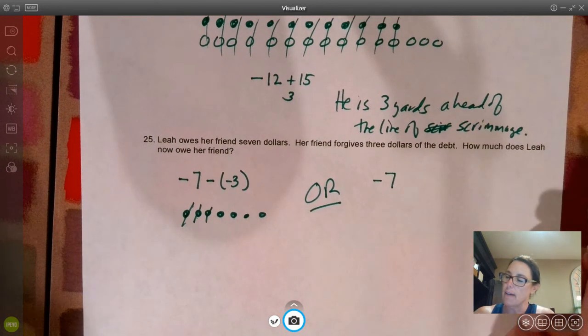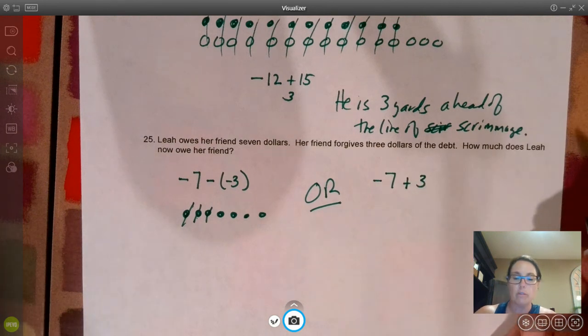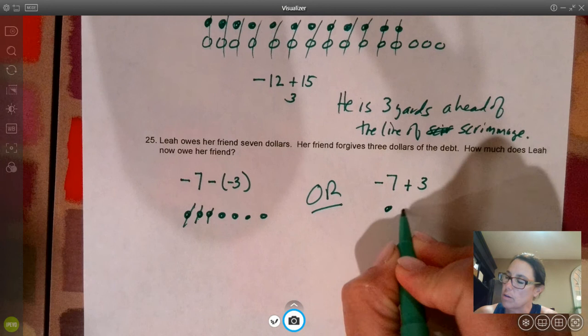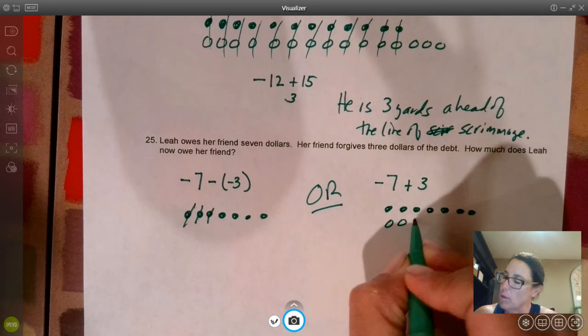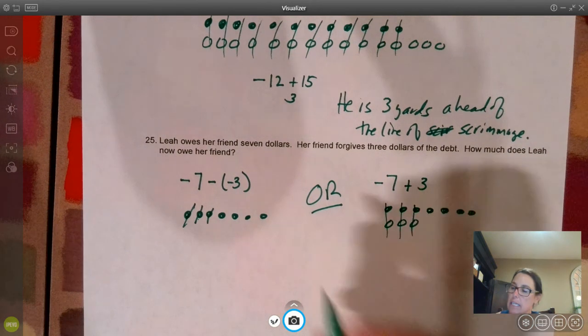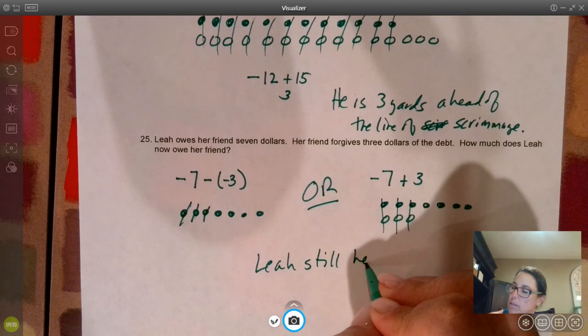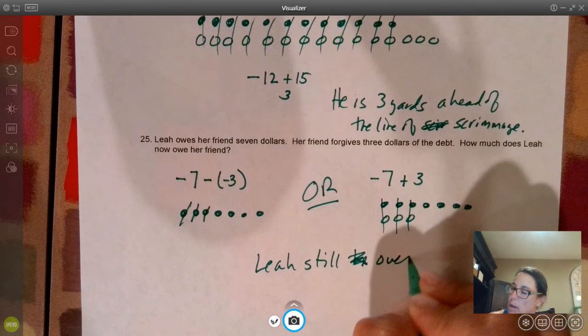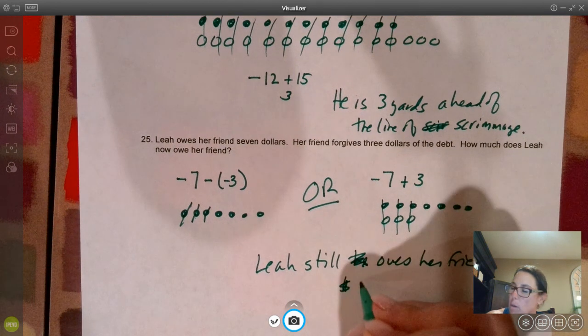I owe 7, and I give back 3. So here are 7 negatives, and here are 3 positives, and I've got 4 negatives left. So Leah still owes her friend $4.